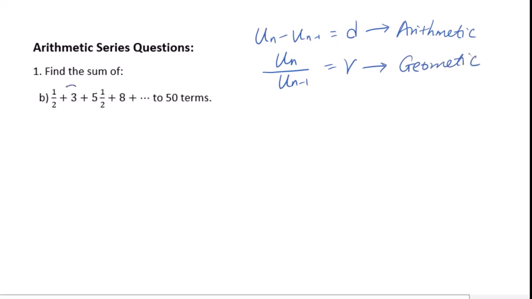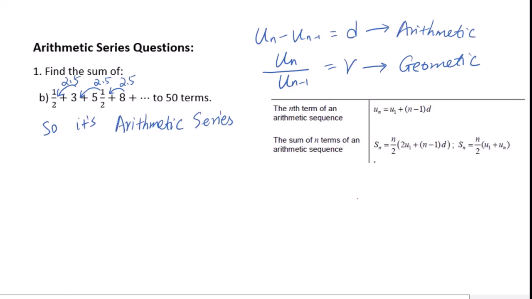Difference first: 3 minus 1/2 is 2.5. 5.5 minus 3 is 2.5. 8 minus 5.5 is 2.5. So it is an arithmetic series.